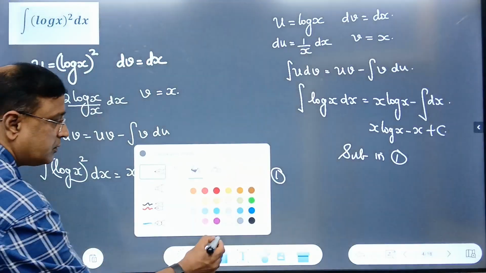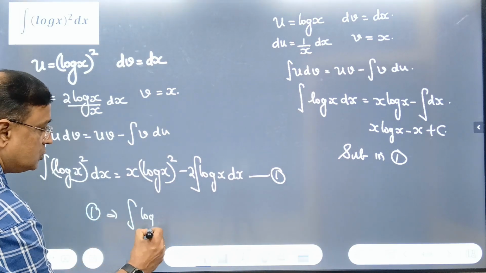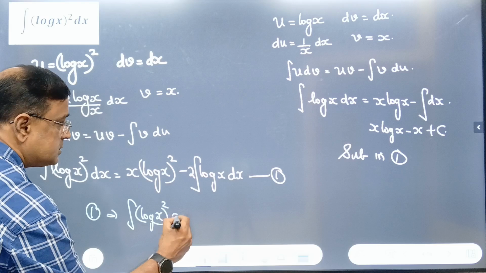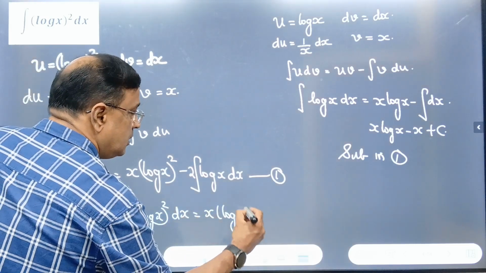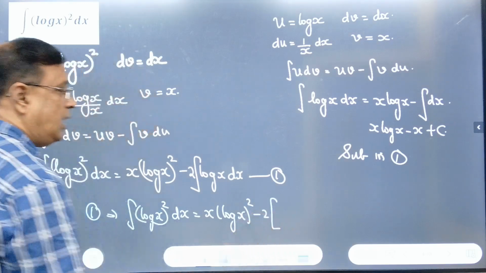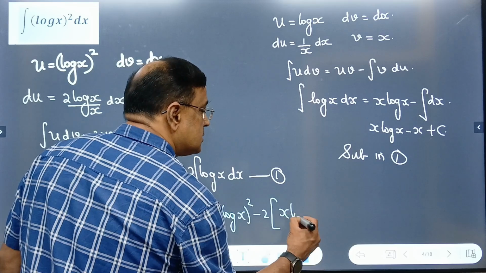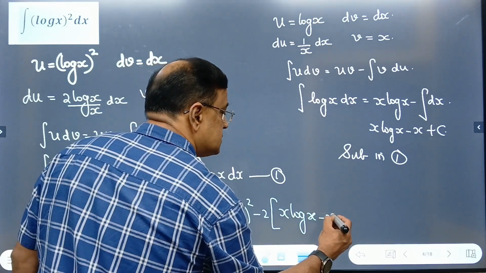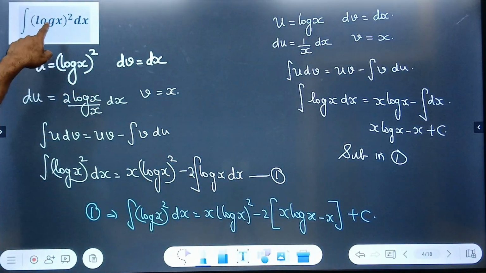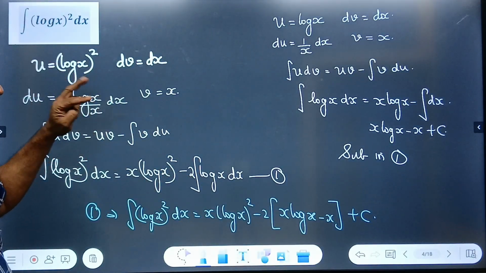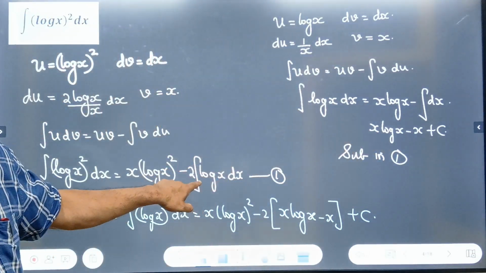So 1 becomes integral (log x) the whole square dx is equal to x times (log x) the whole square minus 2 times, and I have already done integration of log x. What is integration of log x? x log x minus x plus c. So it's very simple. Please understand I am doing integration by parts 2 times. I take this separately and I again do integration by parts and I substitute back here. Is it clear?